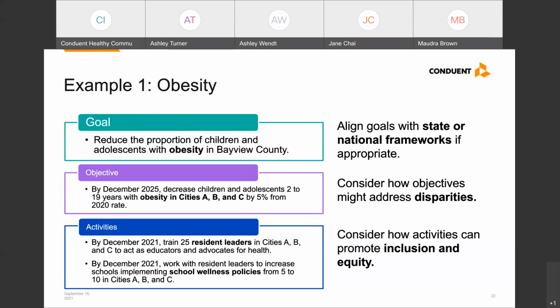For example, activities to support our objectives include empowering resident leaders and working with them to increase school wellness policies in higher risk cities. These objectives and strategies, of course, would only work if they were developed alongside community partners in these cities.